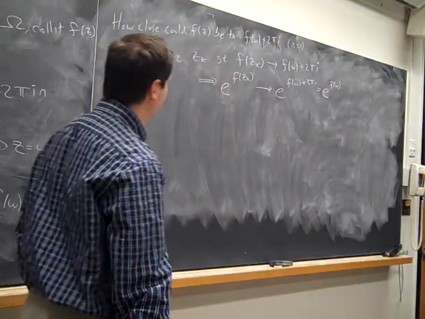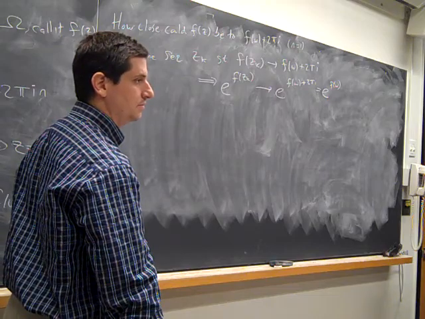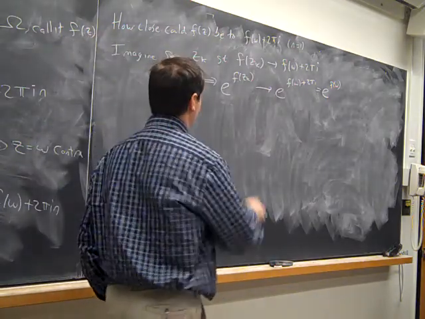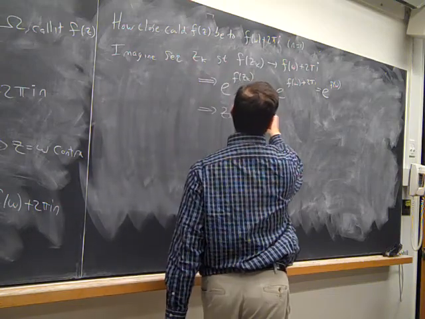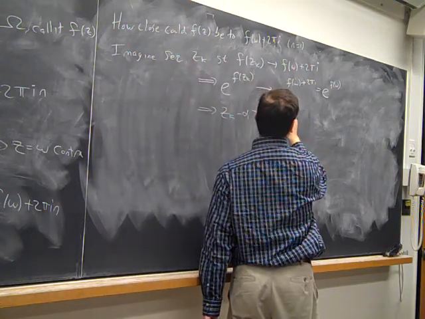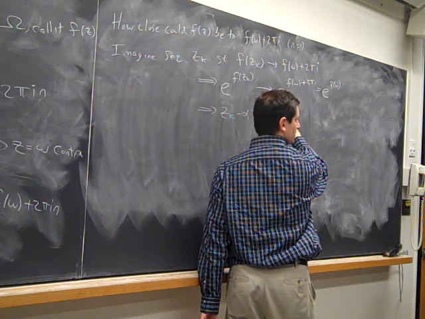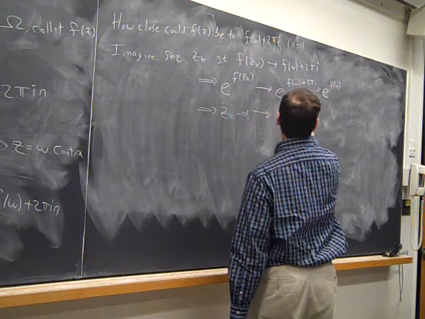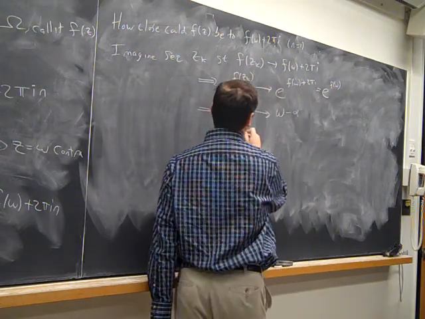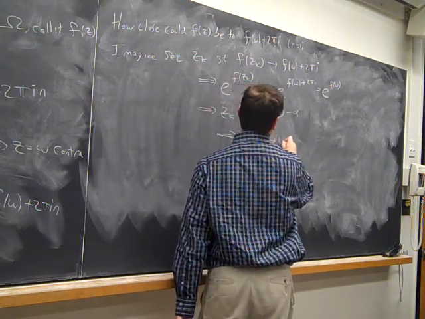What's e to the f of zk? It's zk minus alpha. So zk minus alpha is converging to omega minus alpha, where omega here is w. Therefore, zk is converging to w.